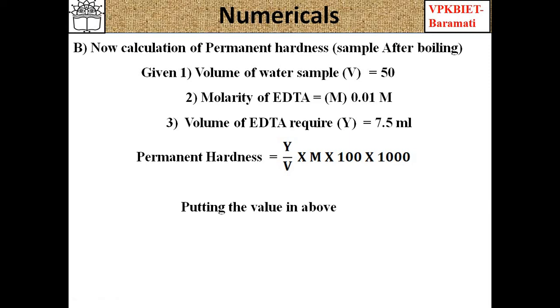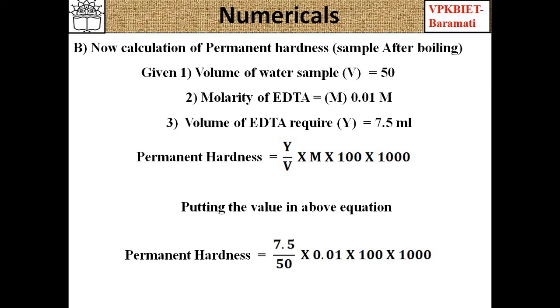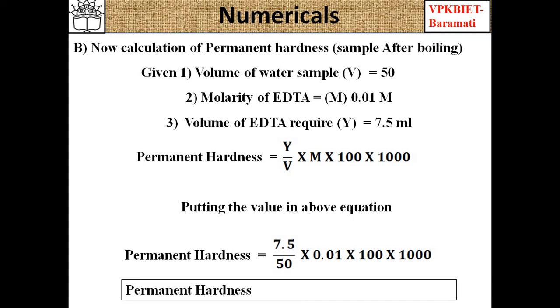Putting the values in the above equation, permanent hardness is equal to 7.5 upon 50 into 0.01 into 100 into 1000. So we get permanent hardness equal to 150 ppm CaCO3 equivalent. This is the answer for the permanent hardness.